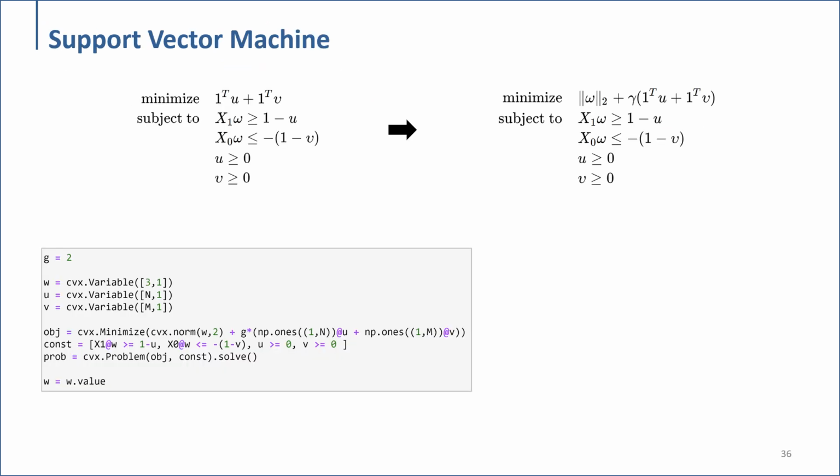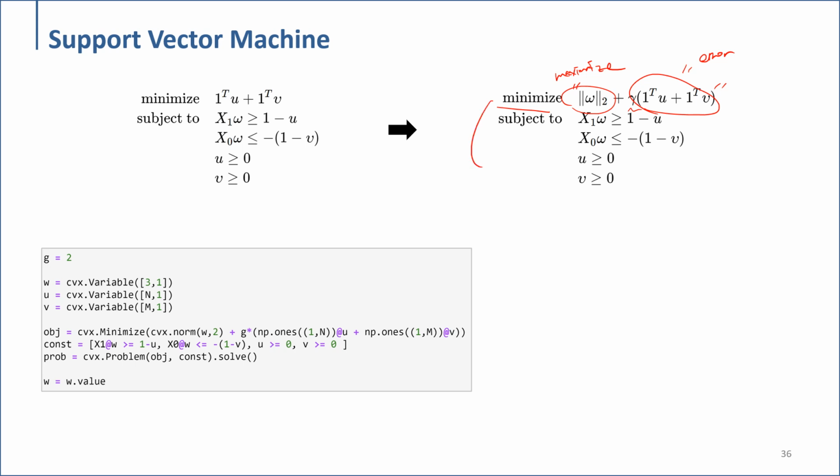For that objective function, we can rewrite this mathematically as minimizing the norm of omega squared plus gamma times the error term. So we are minimizing error, but at the same time maximizing the margin.